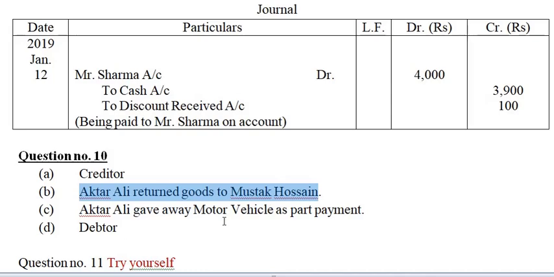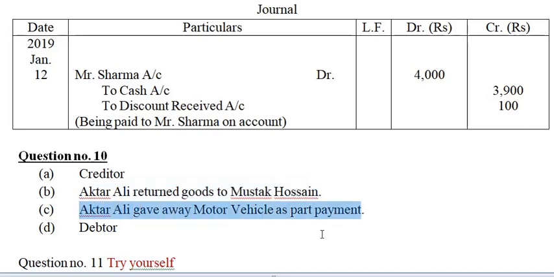Now on 26th, what is happening out here? On 26th, Akhtar Ali gave away a motor vehicle as part payment. So Akhtar Ali is giving away a motor vehicle to Mustaq Hussain as the part payment.